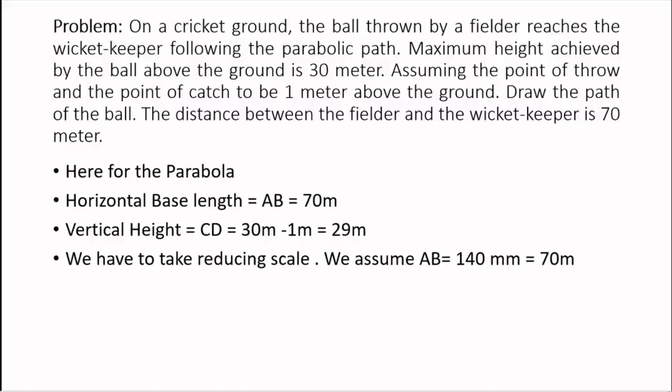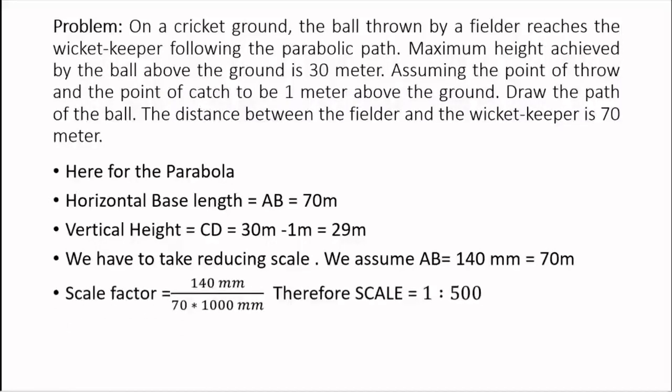Now we take the scale factor calculation, divide the length on drawing to the actual length. So the length on drawing is 140 millimeters divided by 70 meters converted into millimeters by multiplying with 1000. We get the scale factor or the scale as 1:500.